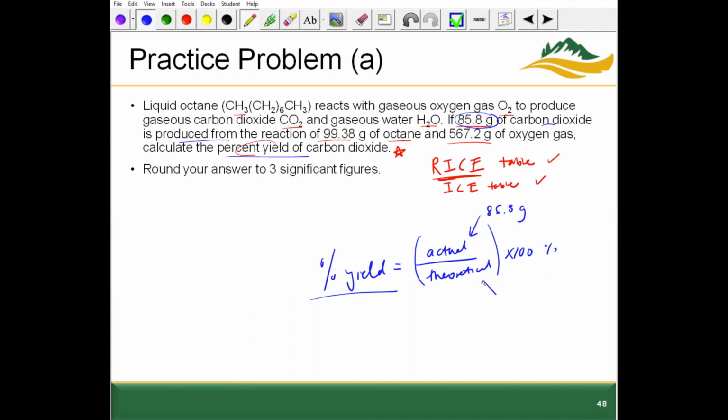We do not yet know the theoretical amount that could be produced from the reactants that we have: 99.38 grams of octane and 567.2 grams of oxygen gas. So we need this value to solve for the percent yield.